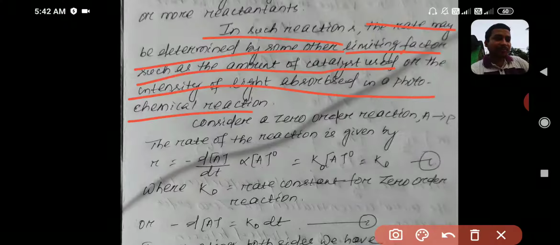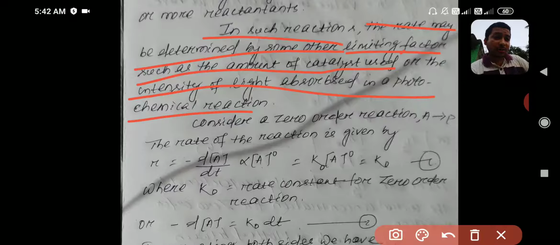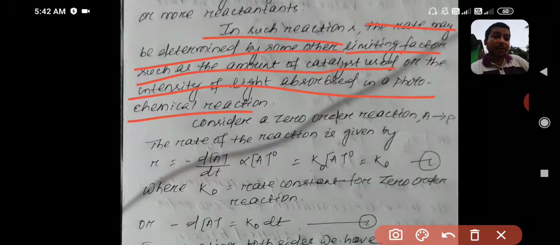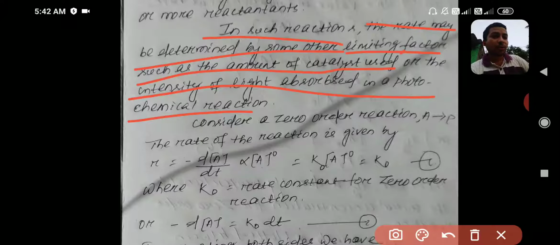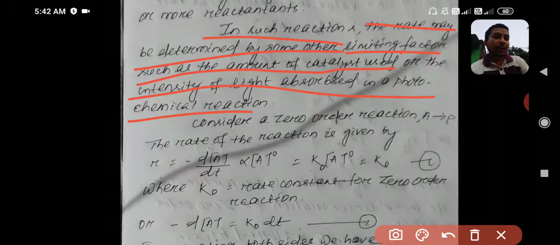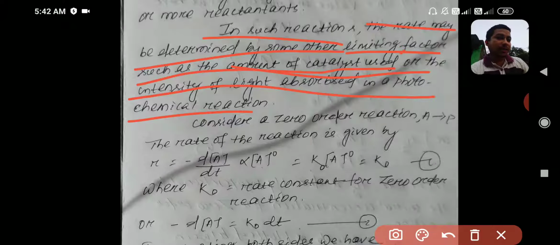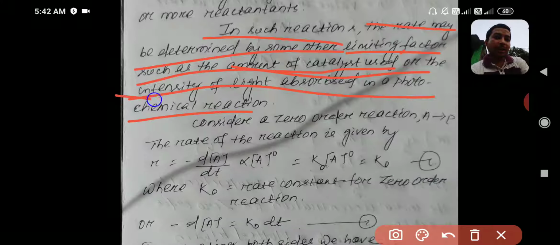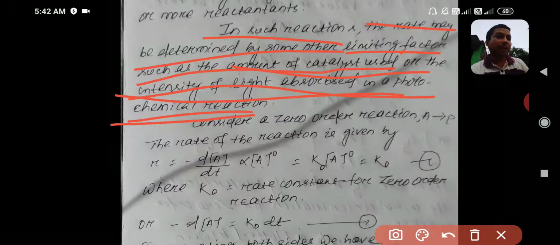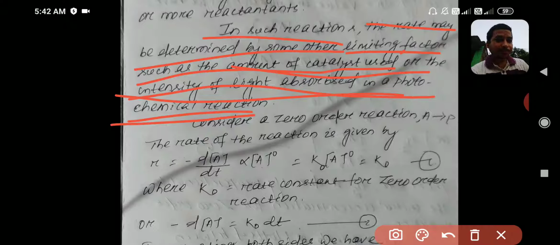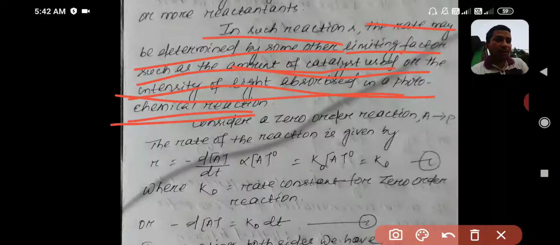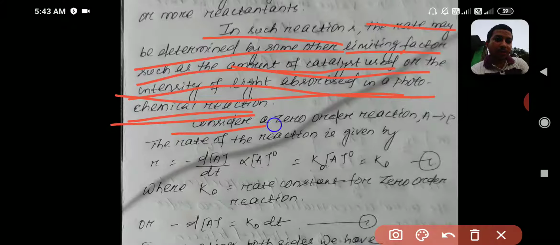Among them, since the concentration is not changed in case of zero order reaction, the rate of reaction may be determined by other factors like the amount of catalyst used, or the intensity of light absorbed in a photochemical reaction. So from these factors we can identify a zero order reaction. Clear? So consider a general expression.